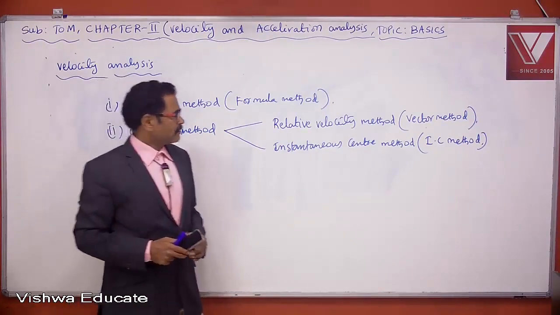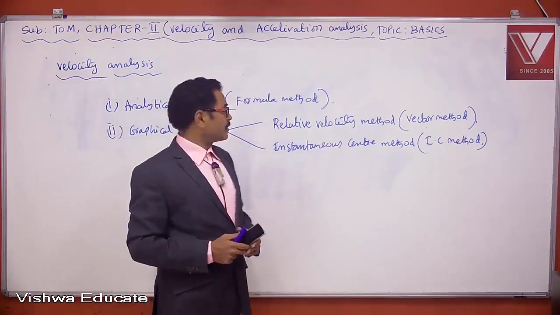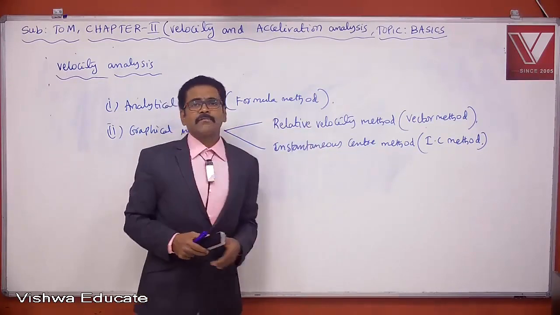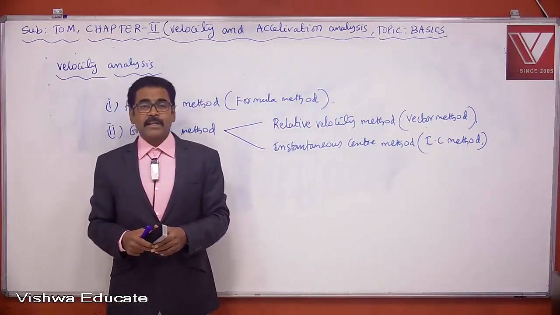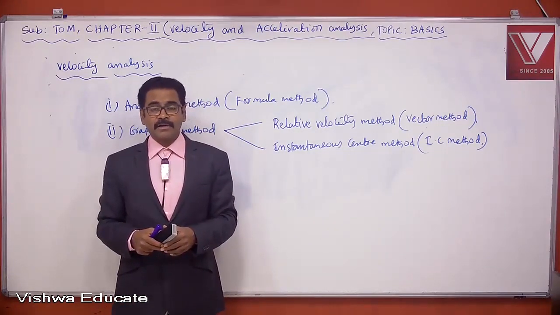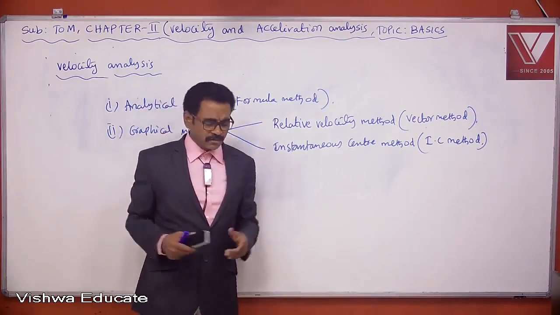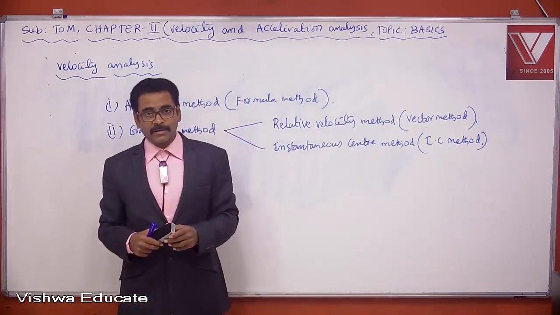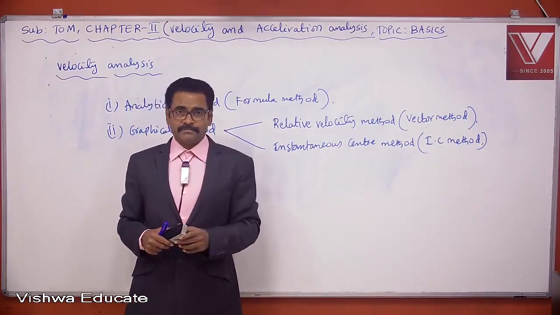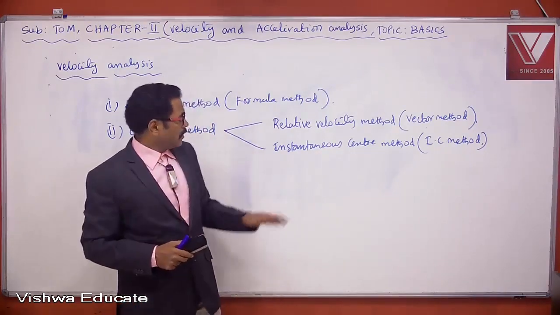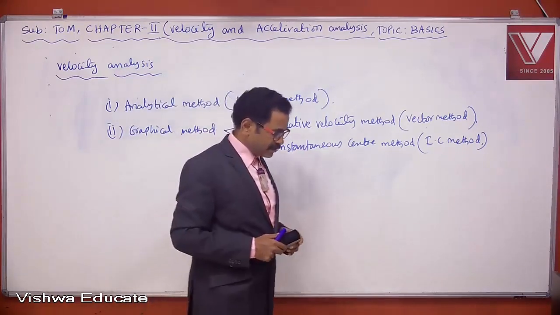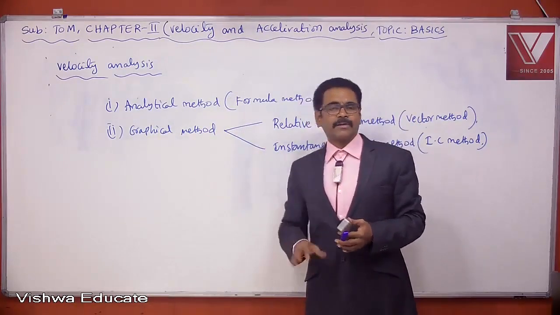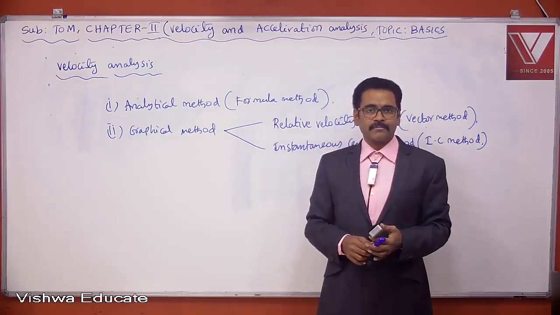Okay, so a brief introduction on relative velocity method and instantaneous center method. You can use relative velocity method for any kind of mechanism, either simple mechanism, compound mechanism, complex mechanism. For any mechanism, you can use relative velocity method or vector method. Okay. Now, second is instantaneous center method. Instantaneous center method is generally used for simple mechanisms only.